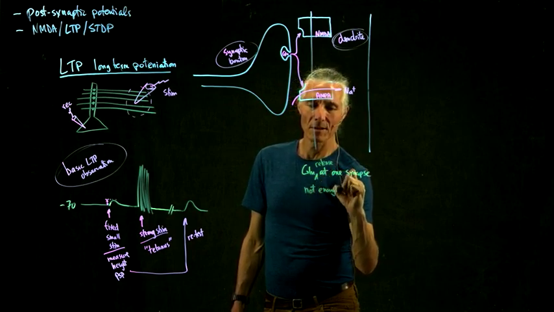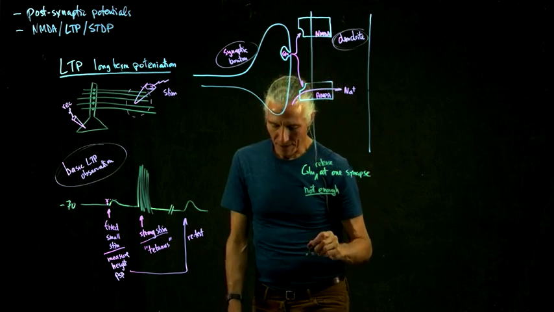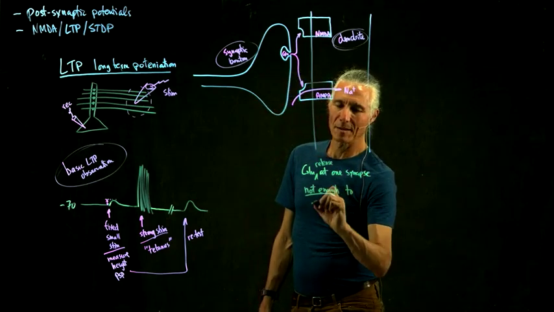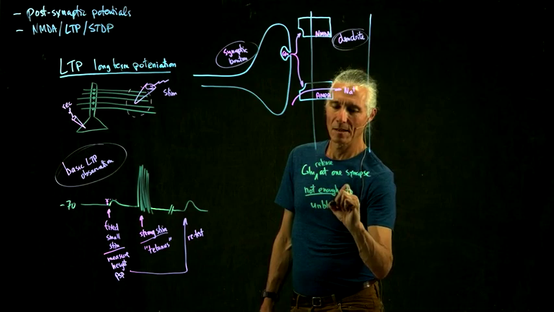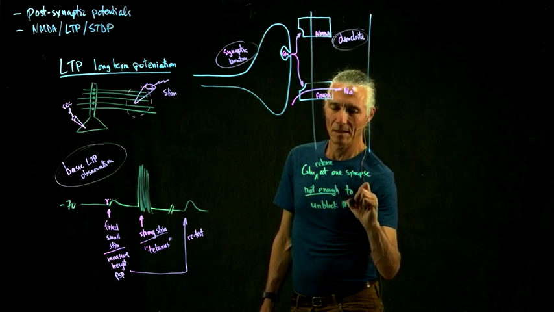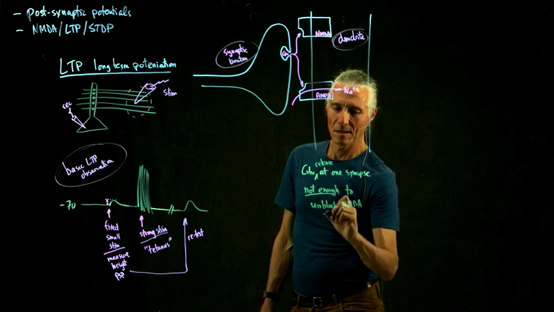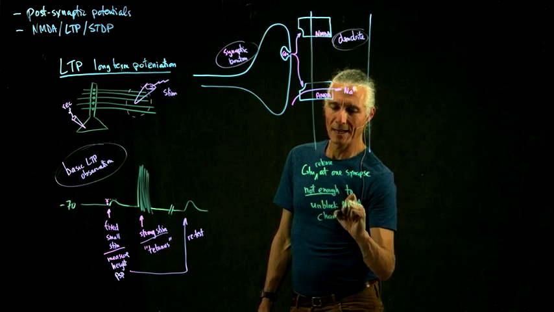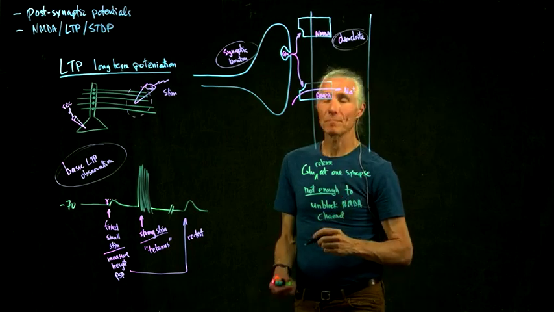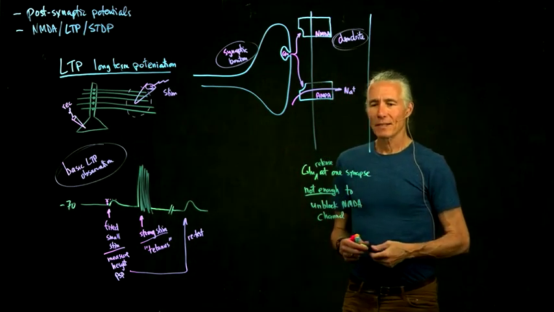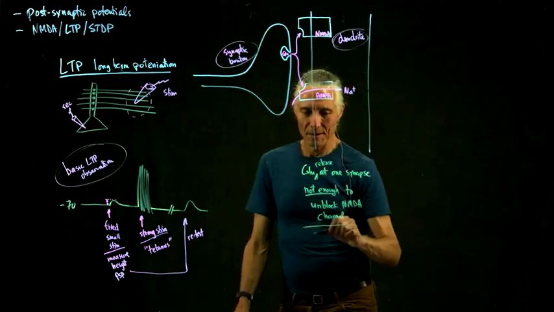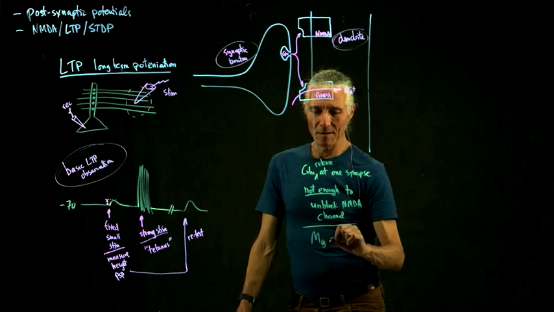This is critical. It is not enough to unblock the NMDA channels. So what blocks the NMDA channels? There's basically a magnesium, Mg, that blocks.